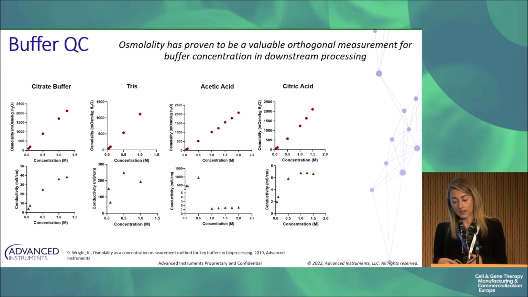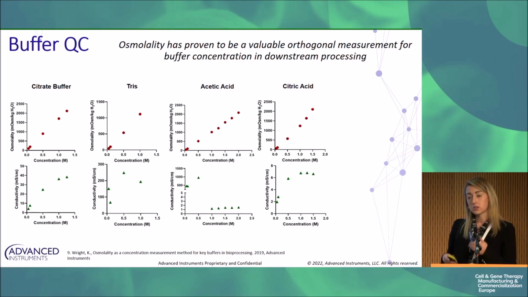If you then compare that to your conductivity, the measurements are all over the place. It's not as sensitive, it's not as reliable, and there is a difference in what those increasing concentrations mean for your conductivity measurement. Osmolality is a direct concentration measurement, whereas with conductivity, you can't really say that.